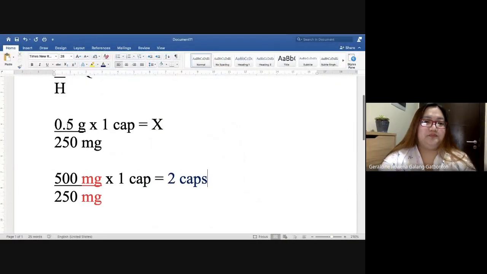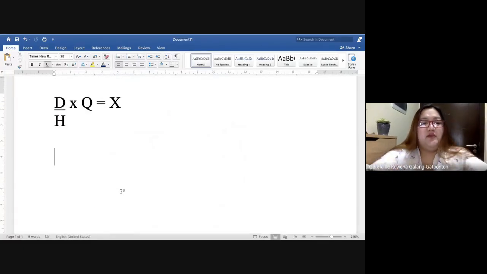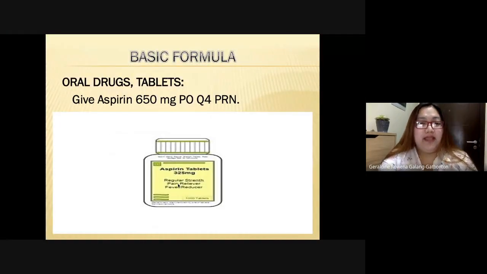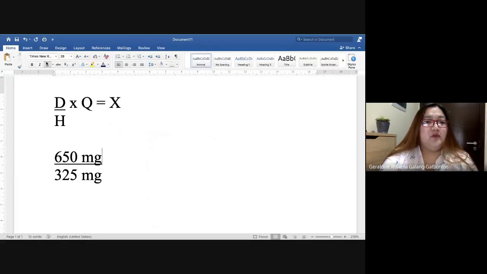So, D over H times Q equals X, 650 mg. Okay, what is our H? Dose on hand. It says 325 mg tablet. Okay, so our H is 325 mg. What is the quantity? It is 1 tablet.